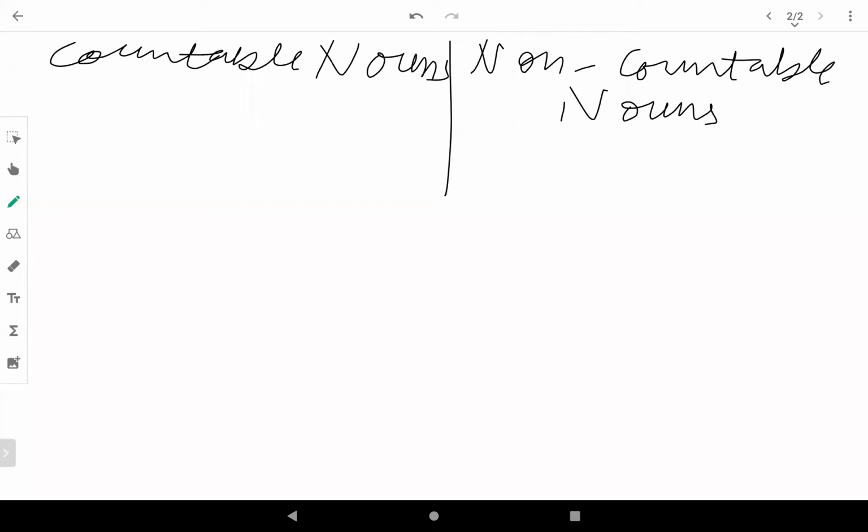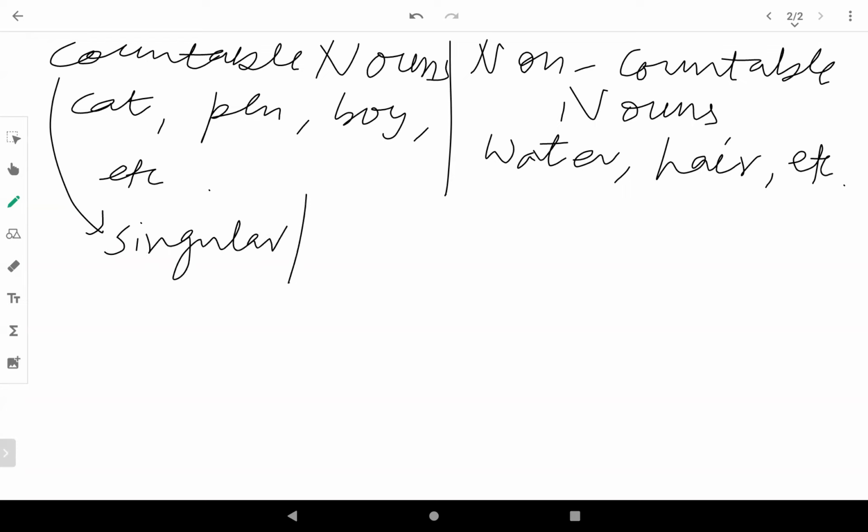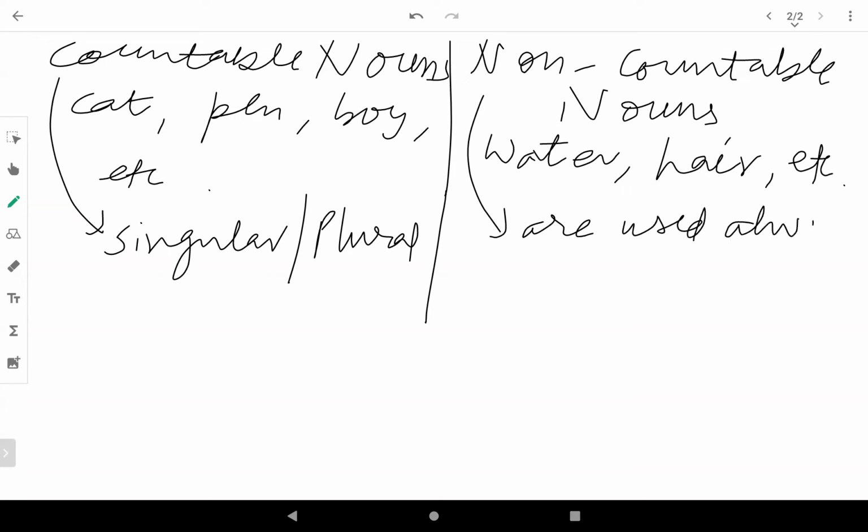Countable nouns such as, suppose if I say cat, pen, boy, etc. Again, in non-countable category like water, air, etc. Now, countable nouns can be used as both singular or plural, but non-countable are used always singular.